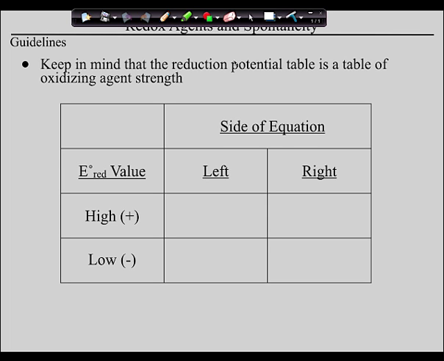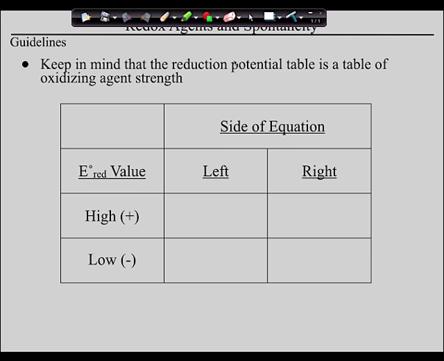We are going to start in the upper left-hand quadrant. Okay, what is true? Well, first of all, what substances are we looking at? Are we looking at fluorine or fluoride if we're in the upper left quadrant? Fluorine. Are we looking at cobalt 3 plus or cobalt 2 plus? You get the idea? We're looking on the left. Okay, so with that said, these are the substances with high reduction potentials.